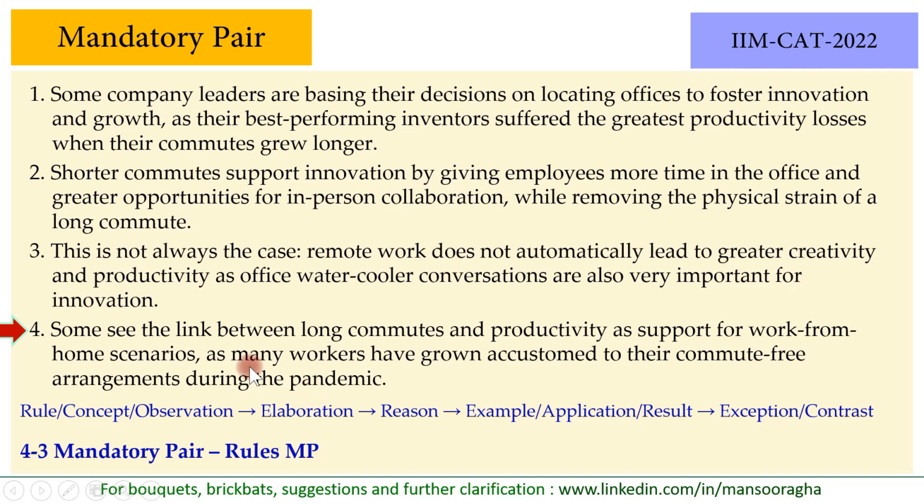While if you observe sentence number 3, this is giving a contrast between commute-free work from home scenarios and greater creativity and productivity when you go to the office, because office water cooler conversations are also very important for innovation. So 4-3 is another mandatory pair. It's a mandatory pair where a concept is being followed by its contrast.